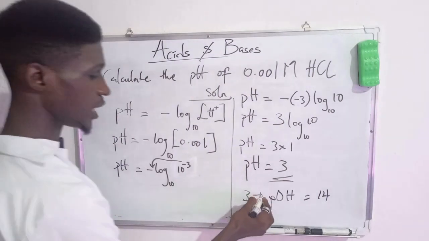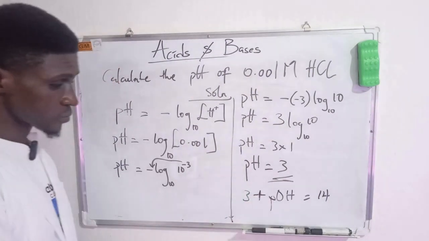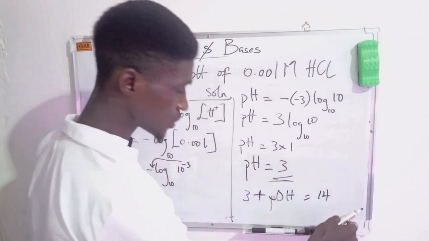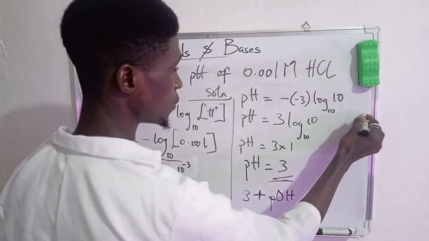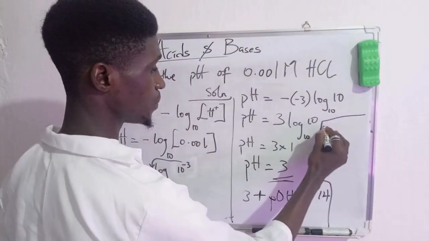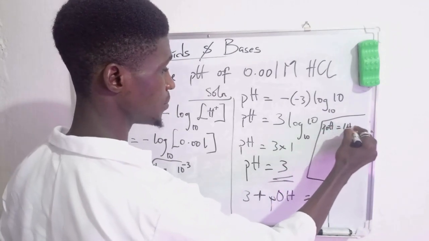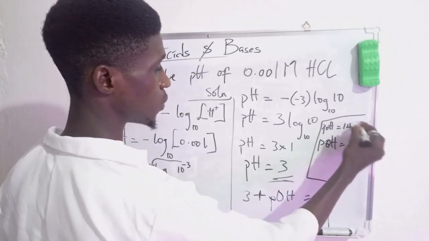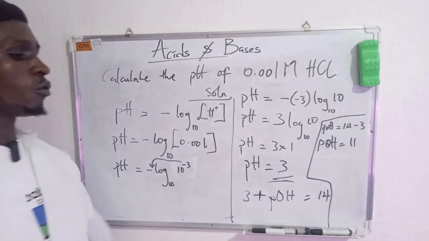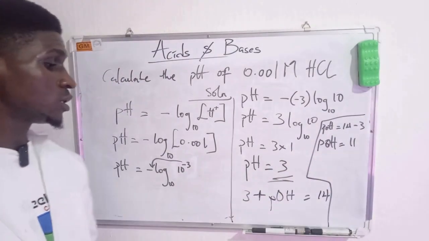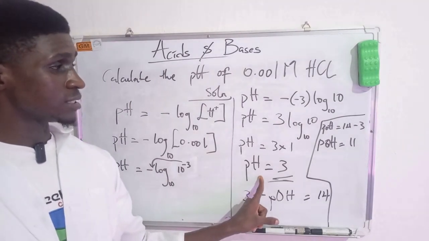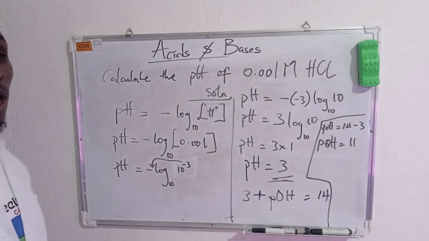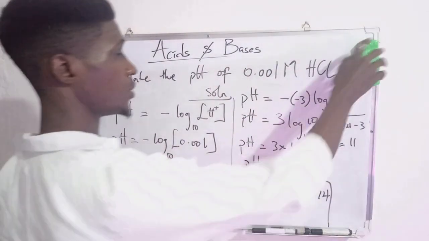For it to achieve complete neutralization, it means that this will go over to the other side to give you pOH equal to 14 minus 3. So pOH will be equal to 11. It means that the value of the base that will completely neutralize this concentration of the acid HCl will be equal to 11. So this is just a simple calculation under the pH scale.